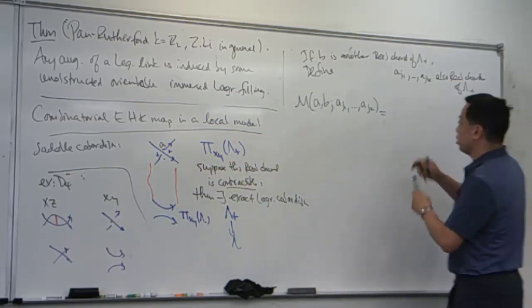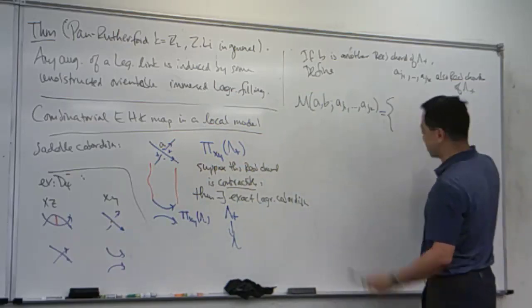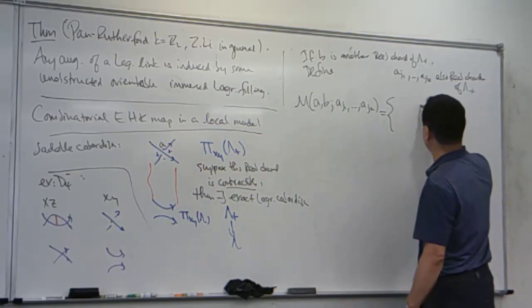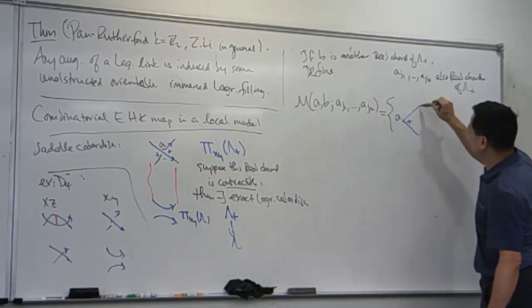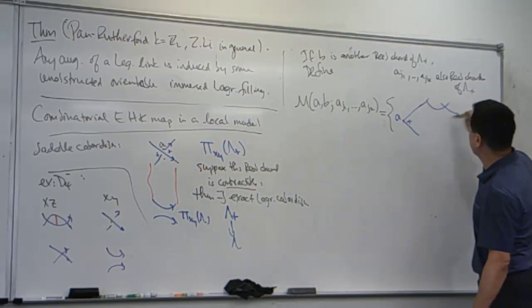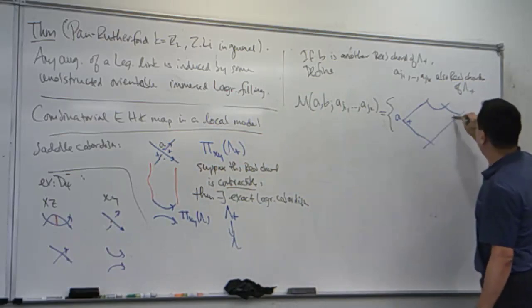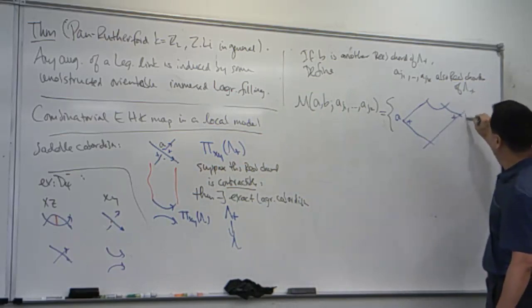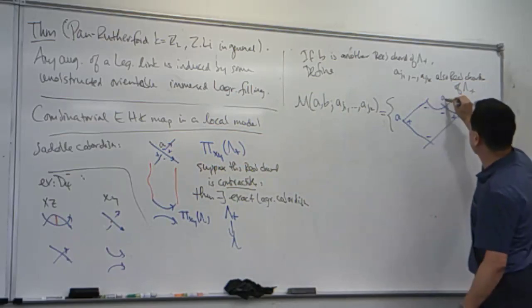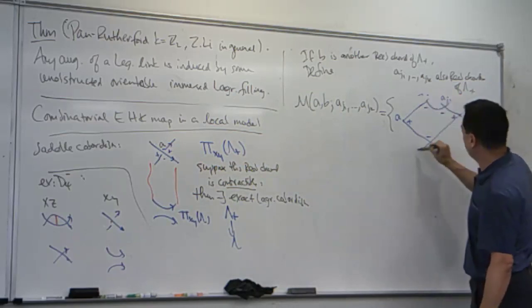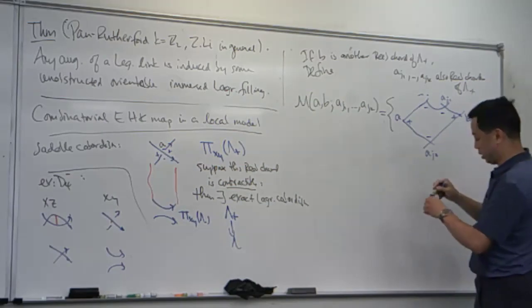This is going to be a collection of things. I'm really just going to draw it as a cartoon. It's holomorphic, just immersed disks that have 2 positive corners at A and B, and then some number of negative corners, which I'm going to label as AJ1 through AJK.